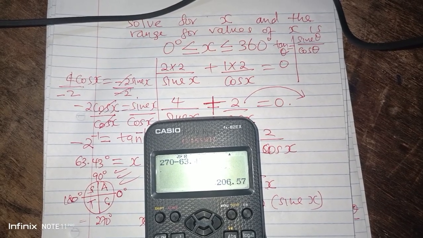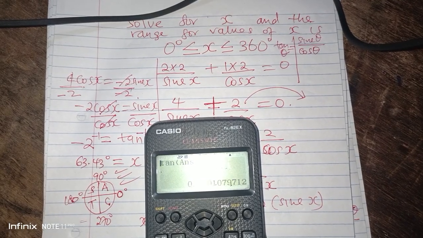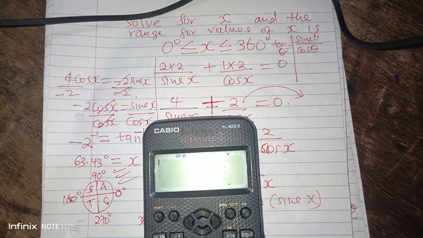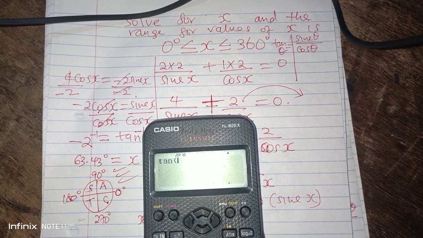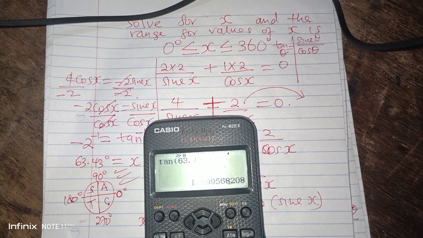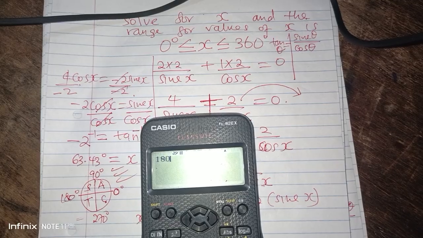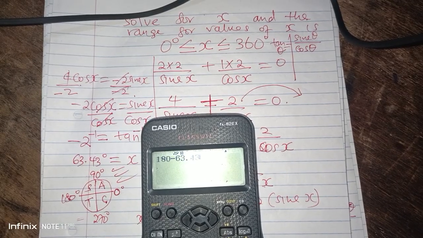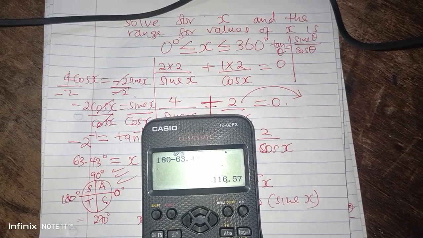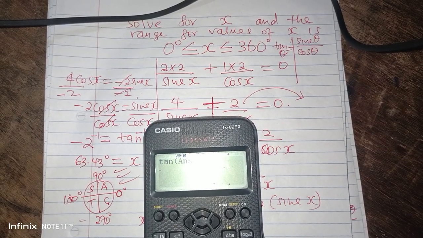So it was 206.57. The tangent of that answer still does not give us it. So let's see. The tangent of 63.43 will give us a positive answer. We want to get a negative answer. So let's see. 180 less 63.43, 116.57. So let me take the tangent of that and see whether it gives us a negative.